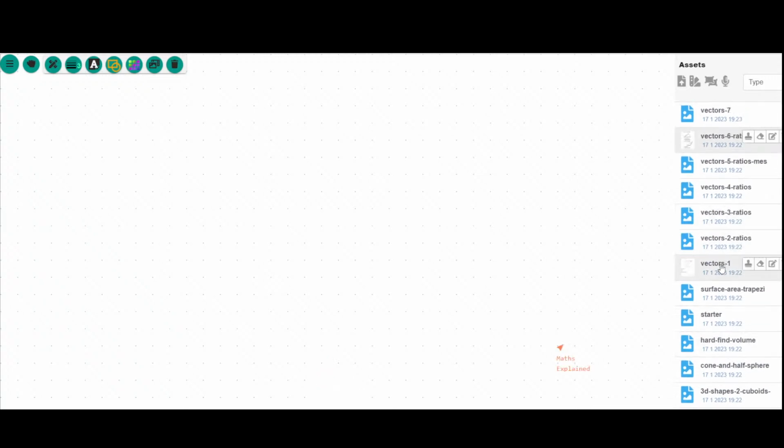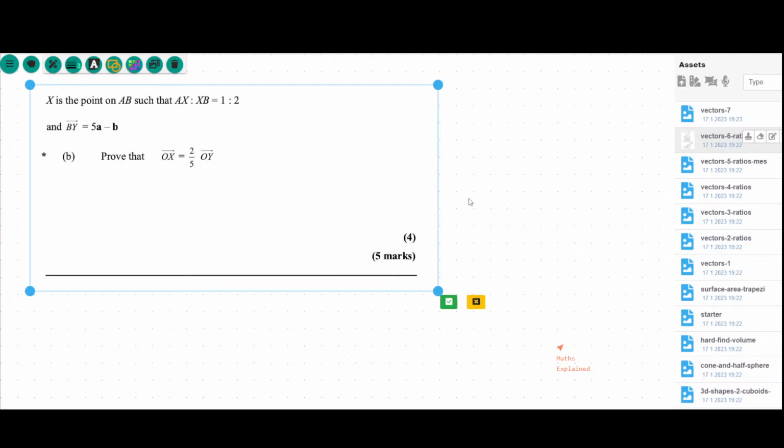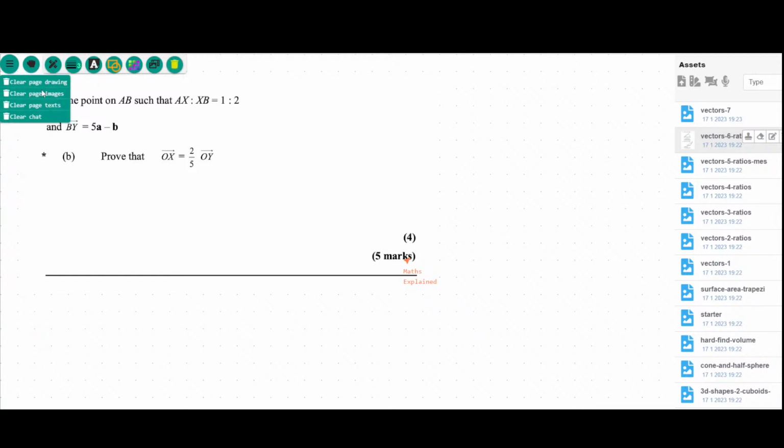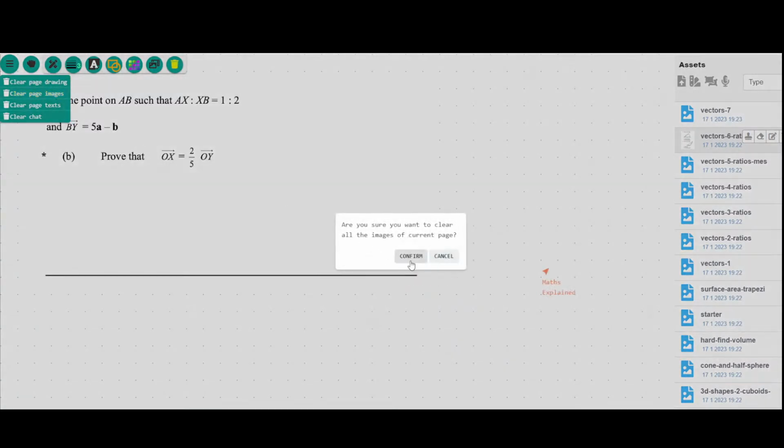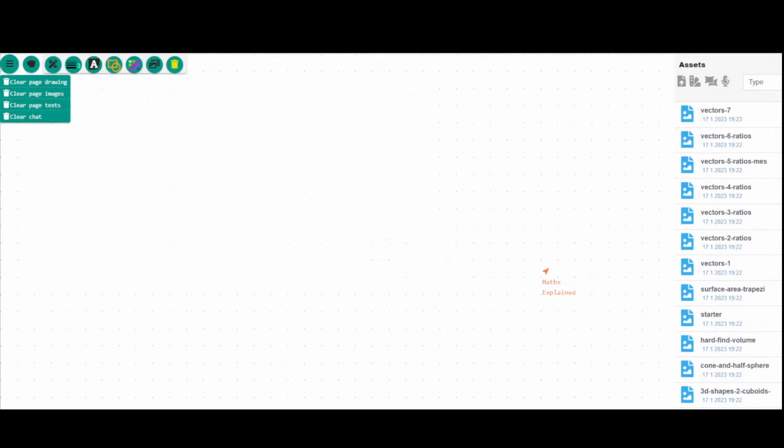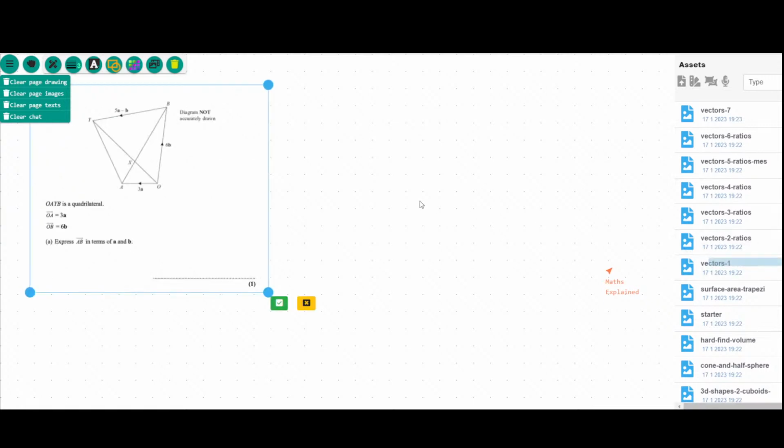We're going to start with vectors, as I said, and we'll go straight in where we've got vectors and ratios. So here we go. This is a 5-mark question. That's the second part of it. Let's clear this page. I just did it bit by bit, so it would probably be vectors 1 then, this one.